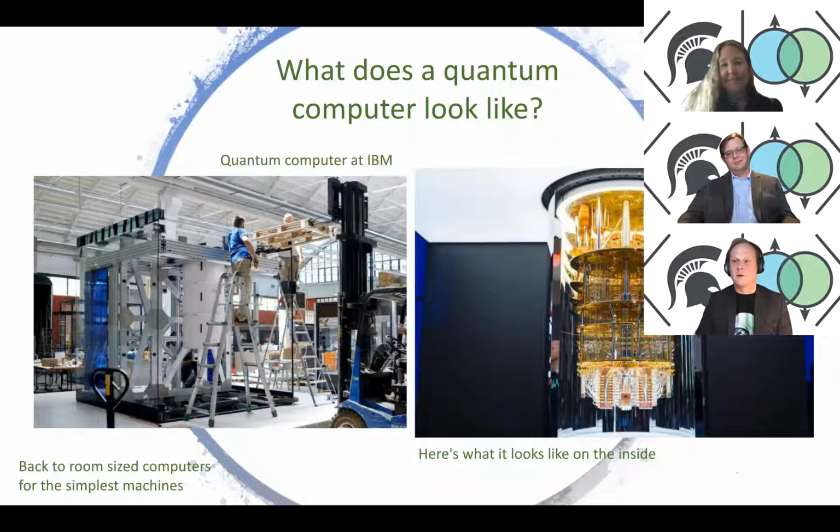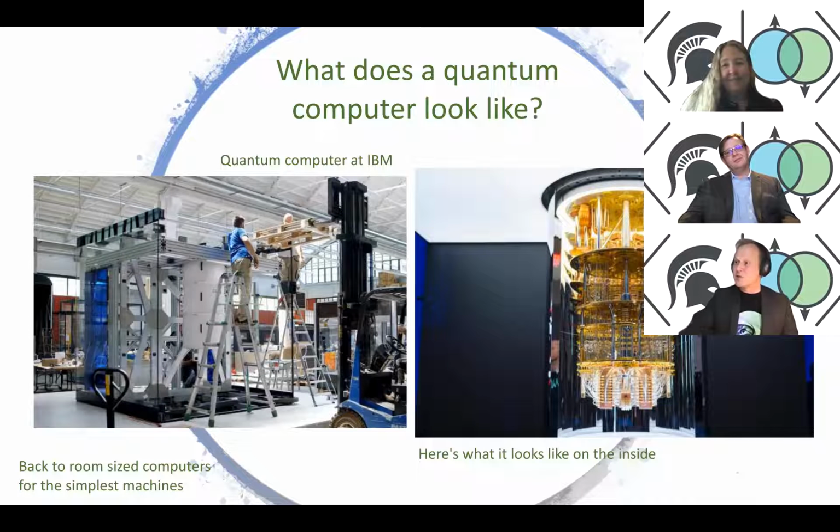And if you open up this machine right here, what you find inside is that the quantum computer looks like this. So the qubits actually live here in this bottom region on the right. And all of this other stuff above is apparatus that allows the scientists who work on this to cool those systems down to very low temperatures.